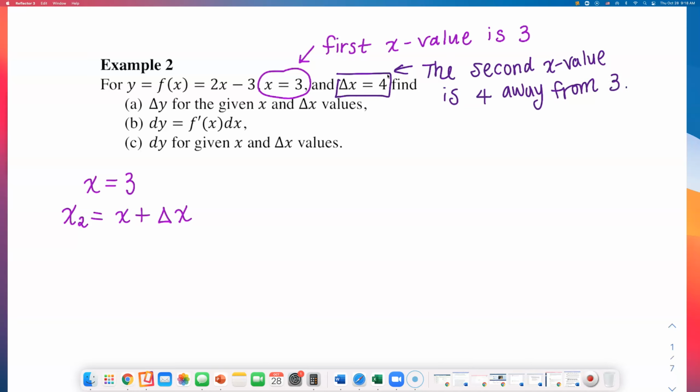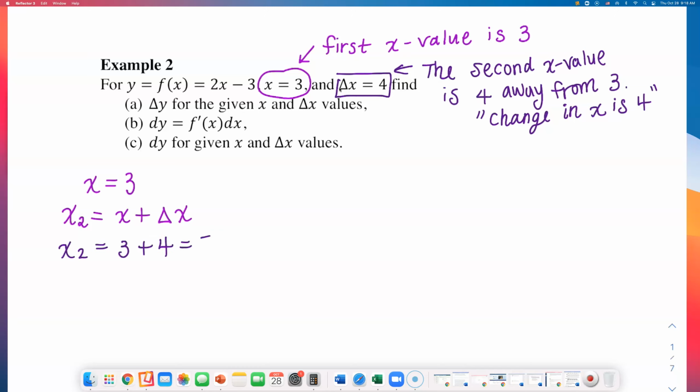Okay? Delta x is the change in x. The change in x is 4. That's why, to find that second x value, I'm going to add 3 plus 4.